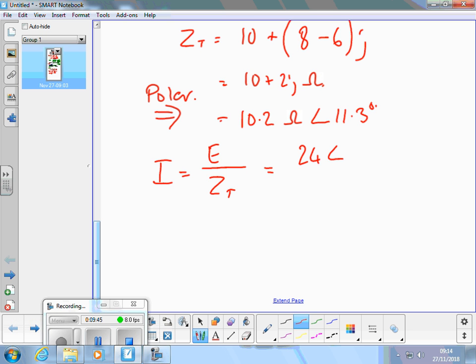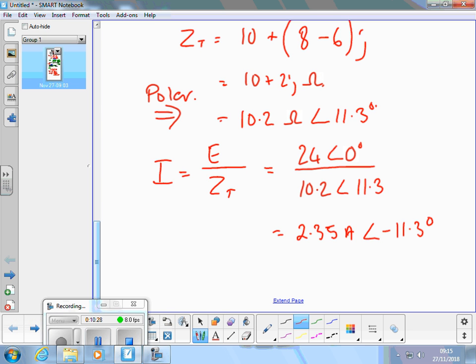No angle mentioned, so we assume this must be 0 degrees, divided by 10.2 angle 11.3 equals 24 over 10.2, which is 2.35 amps, angle minus 11.3 degrees.